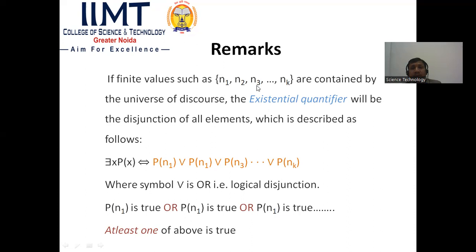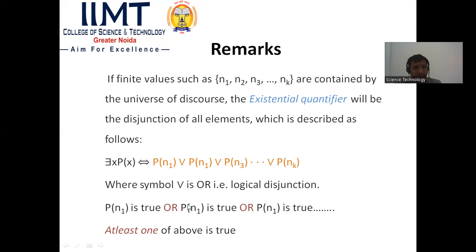Okay, and either this property is true for the third object n3. That means for these k objects, if the property is true for any one of these objects, then we will say there exists x P(x), and we are using the symbol, this capital V, which is logically known as or, logical disjunction.